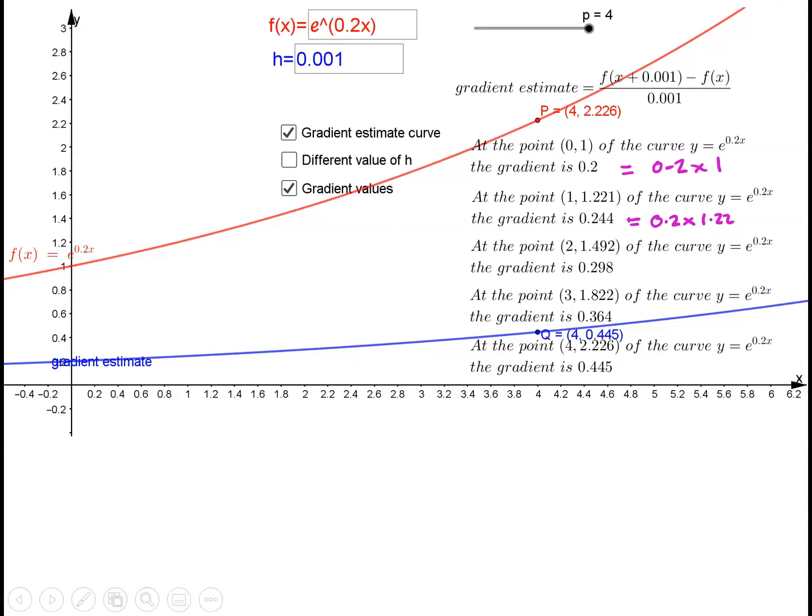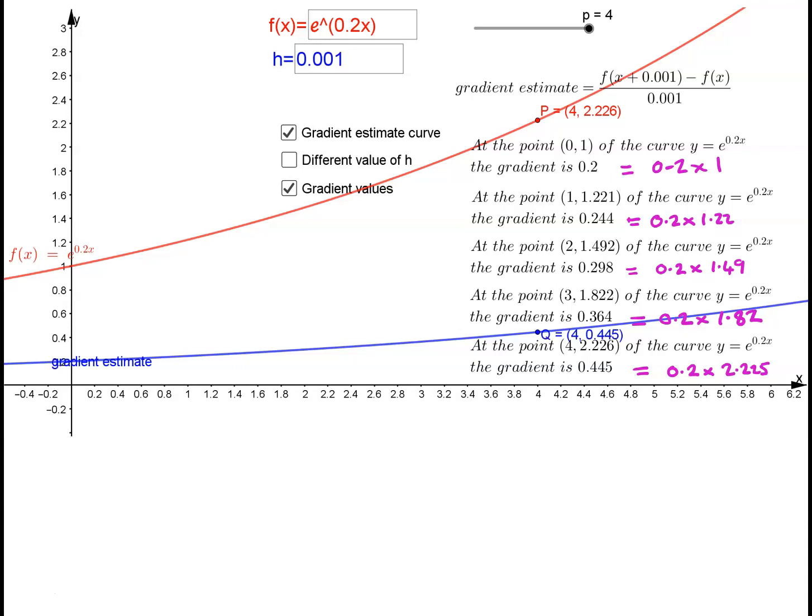The gradient at x equals 2 is 0.2 times 1.49. The gradient at x equals 3 is 0.2 times 1.82. And the gradient of the curve at x equals 4 is 0.2 times 2.225.